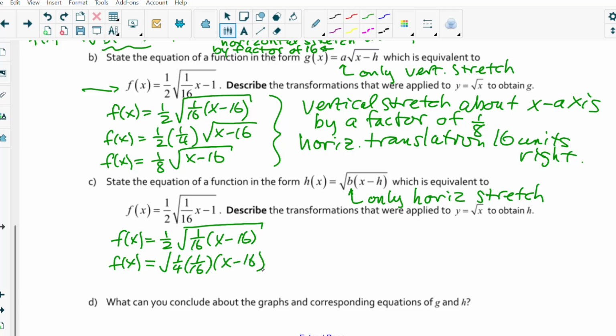So f of x equals the square root of 1/64 times x minus 16. So now my b value equals 1/64.